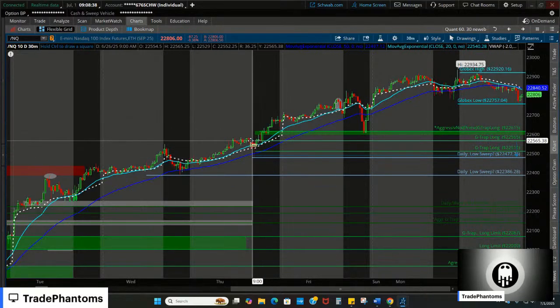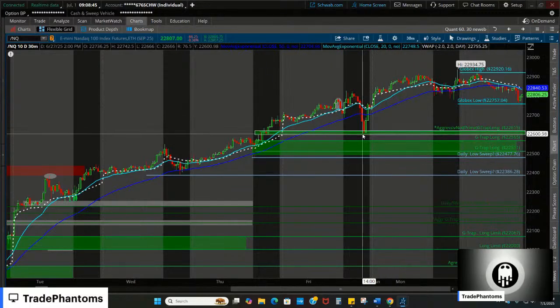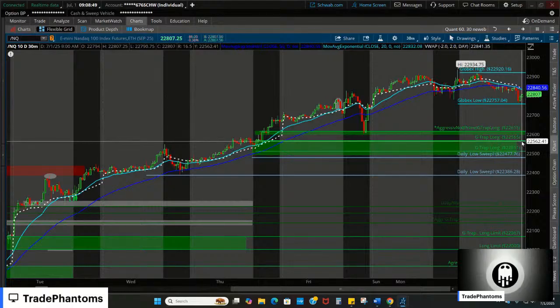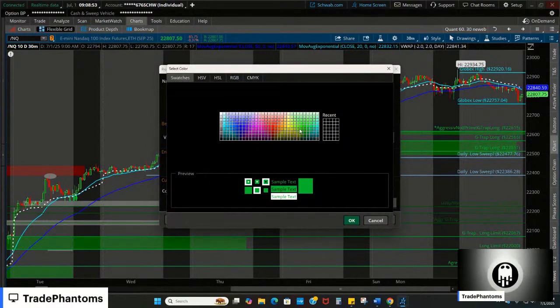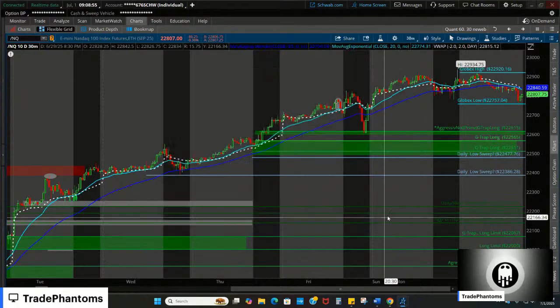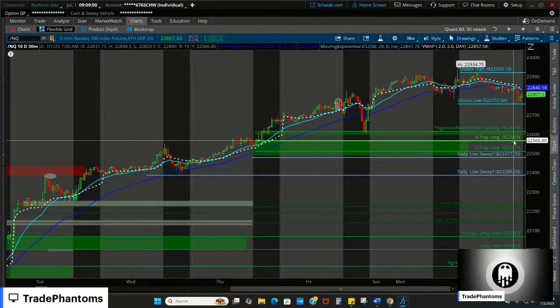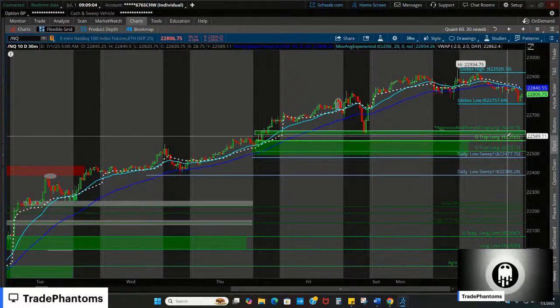Even if we happen to get lower, that 22,565 right below that daily low, if it wanted to sift out some more liquidity, might be a nice little sweet spot right there. The 565 handle. I'll make that a different color green so it sticks out a little bit. All right, 22,565.